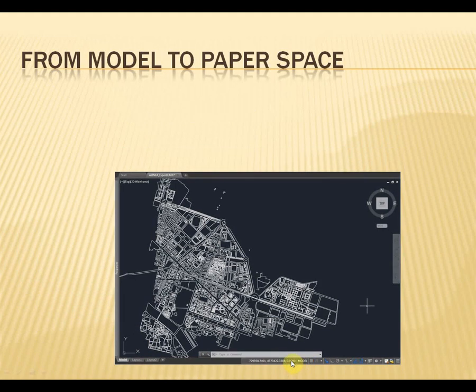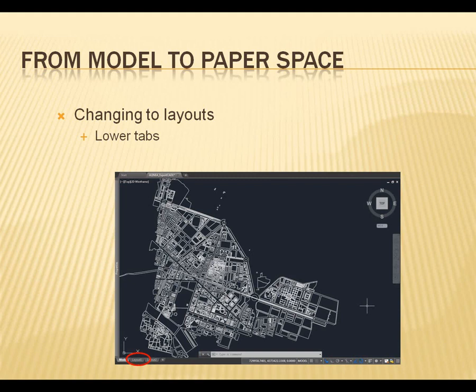But sometimes when you have finished your work in the model space, you can go to the layouts in the paperspace. In order to change to layouts, you have several possibilities. First, you have the lower tabs with the label layout 1, 2, and so on.